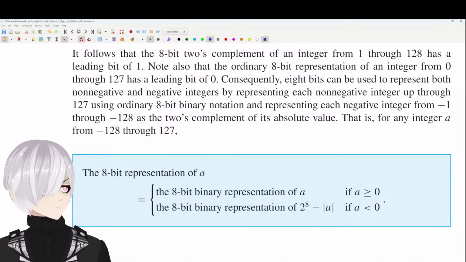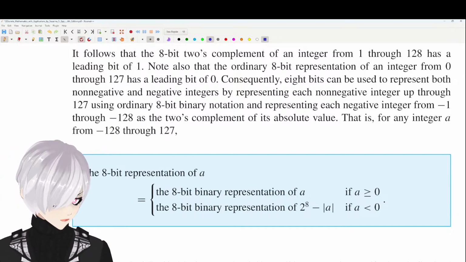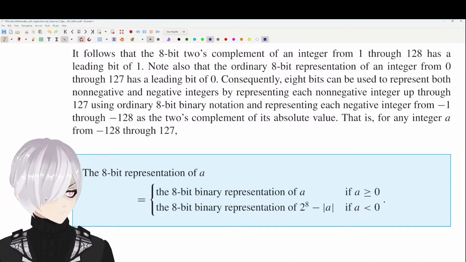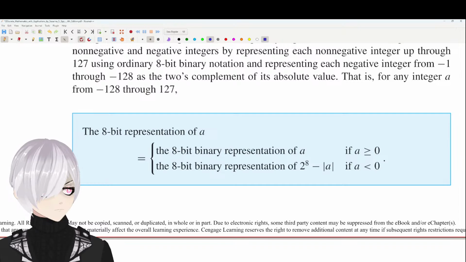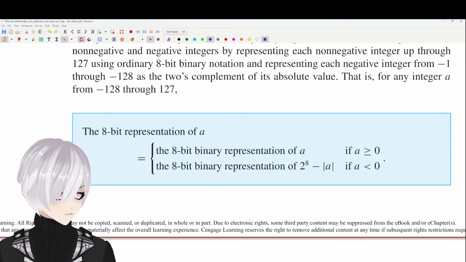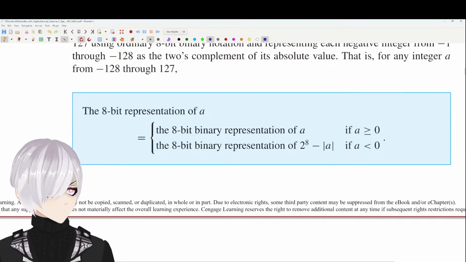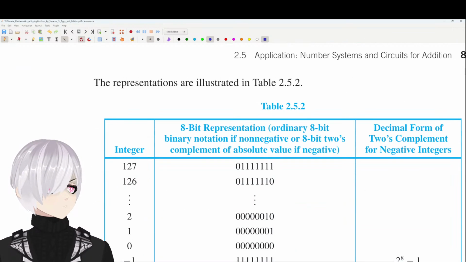That is, for any integer a from -128 through 127, the 8-bit representation of a equals the 8-bit binary representation of a if a is greater than or equal to 0, and the 8-bit binary representation of 2 to the 8th minus the absolute value of a if a is less than 0. And then there's a table that lists them. So that's worth discussing.